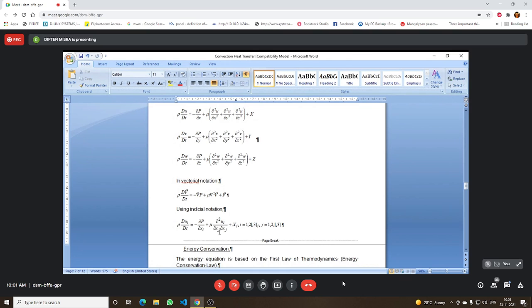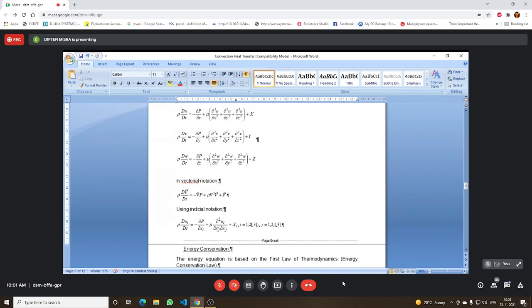So because it is repetition of index, it will indicate summation over all possible values of that index starting from 1 to 2 or 1 to 3, depending on whether it is a two-dimensional flow case we are considering or a three-dimensional flow case.